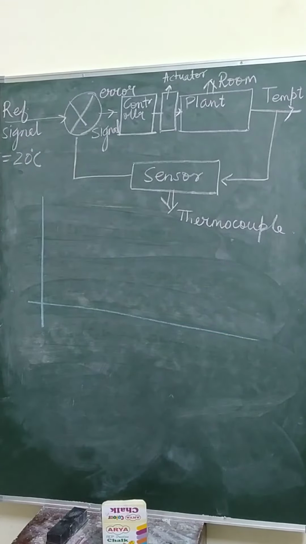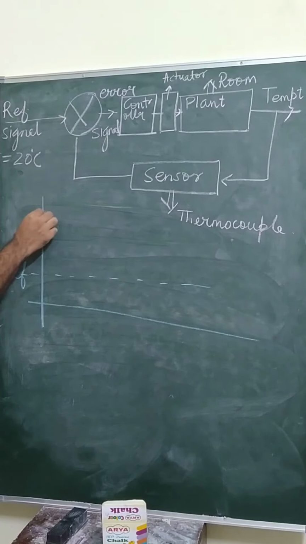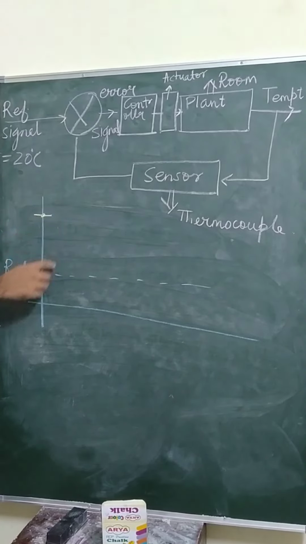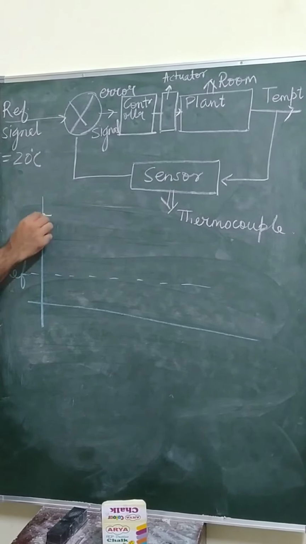So I can actually draw the temperature profile of the room. It would be something like this. Let's say this is my reference. Right? This is my reference temperature, and this is the temperature inside the room initially. Right? And at this point, the AC is on. So the compressor would also be on because the temperature is much higher than the reference.